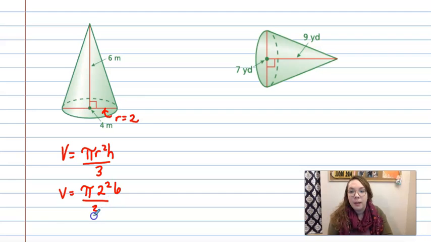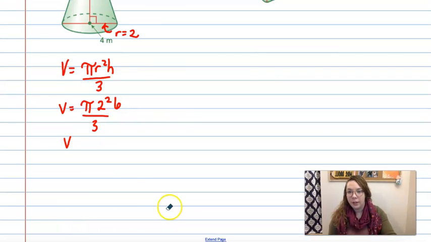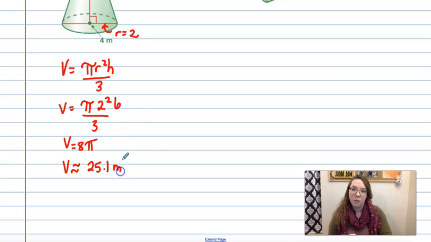And then we divide that by 3 total. So my exact form that my calculator gives me at first is 8 pi. And then our approximate form would give us 25.1 cubic meters.